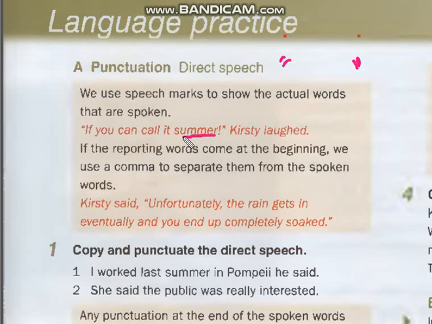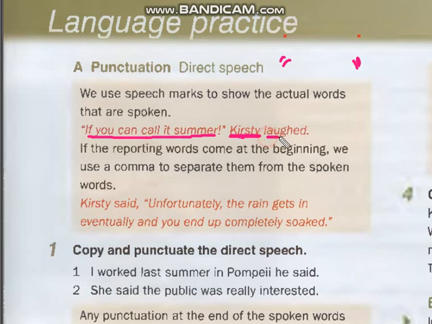The words between the speech marks we call direct speech or the spoken words. The words inside the quotation marks we call direct speech, or the spoken words. Okay, also we have the speaker. Okay, the speaker, Christy. Here who the speaker is, Christy.